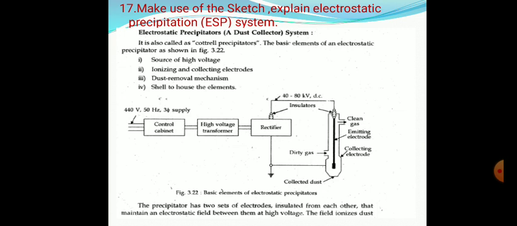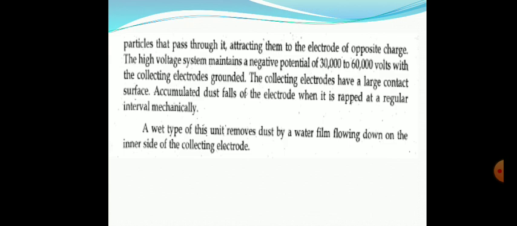The precipitator has two sets of electrodes insulated from each other that maintain an electrostatic field between them at high voltage. The field ionizes dust particles that pass through it, attracting them to the electrode of opposite charge.